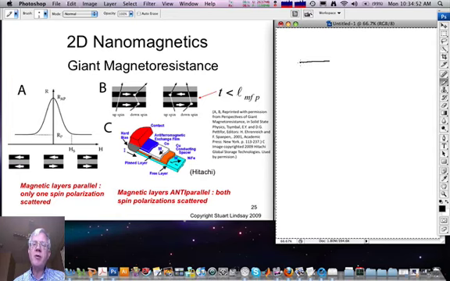These devices rely on the fact that if you take a magnetic material and sandwich it between two layers of conductor, and so let us show the magnetic field in the magnetic material this way, when a current of electrons passes through the sandwich in this direction, electrons of one spin are scattered, so let's say in this case spin up, whereas electrons of the opposite spin are not.